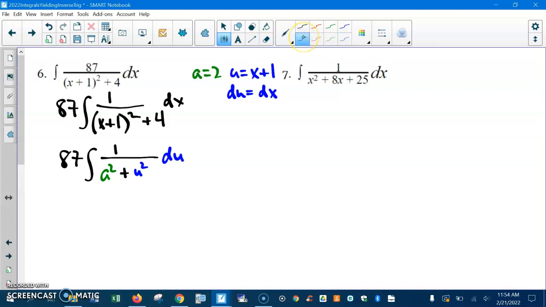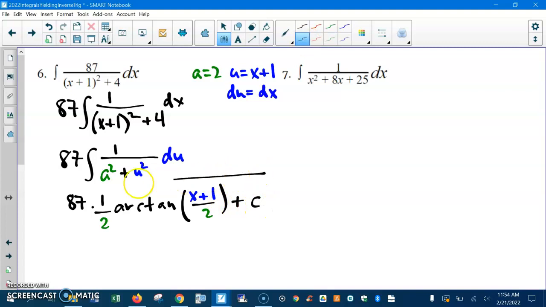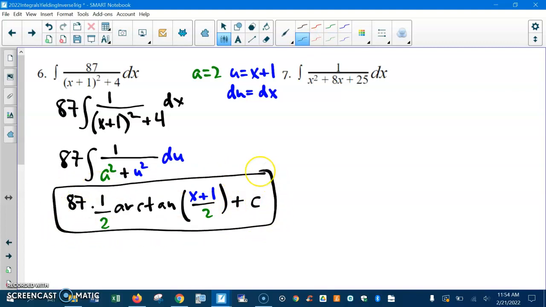So I will be left with 87 still comes out in front every time, times 1 over a, which is 1 over 2, times the arctangent of u over a, u being the quantity of x plus 1, and a being 2, plus c. And yes, 87 times 1/2 can, of course, be combined into 87 halves.